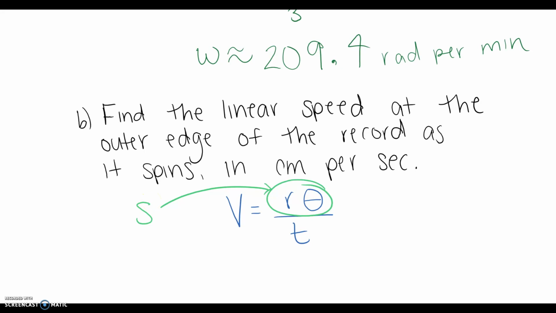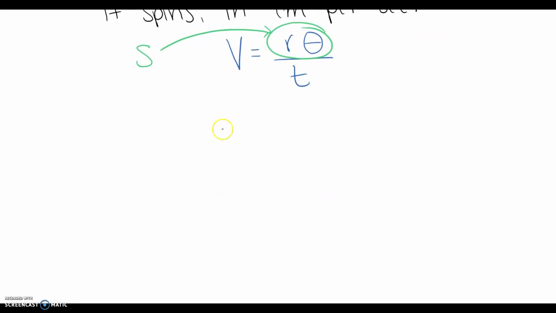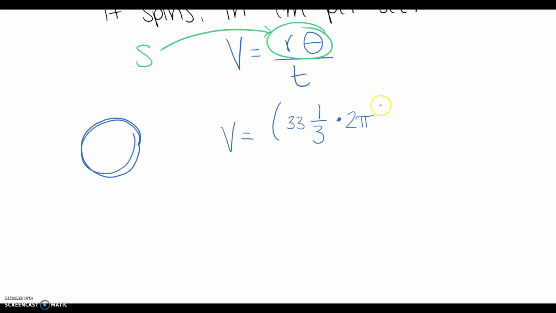So velocity equals theta, which is 33 1/3 times 2 pi, because it's spinning that many times, and one revolution is 2 pi.